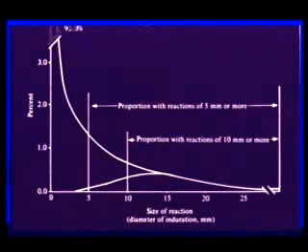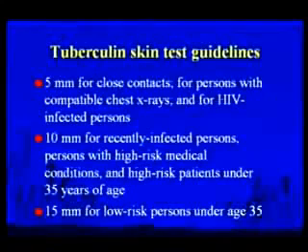If somebody has evidence of disease, we would bring it down to 10. And if somebody had HIV infection, we bring it down to 5. So we don't insist on 10 millimeters as a one-size-fits-all dimension anymore. That was standardized only for survey populations, and this is shown on this slide here, what I just told you.